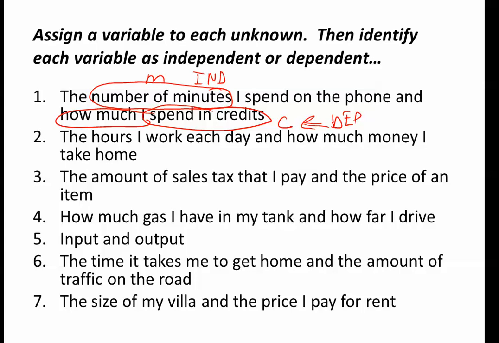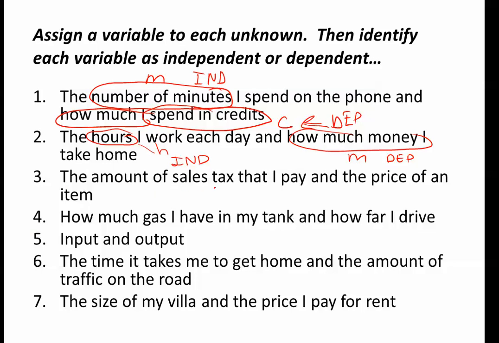Let's try number 2. The hours I work each day and how much money I take home. The hours are going to determine how much money I take home. I'm going to call the hours H, or you can call it T for time, and the money M. So this is my independent, which I'll abbreviate IND, and this is my dependent, which I'll abbreviate DEP. Let's try number 3.